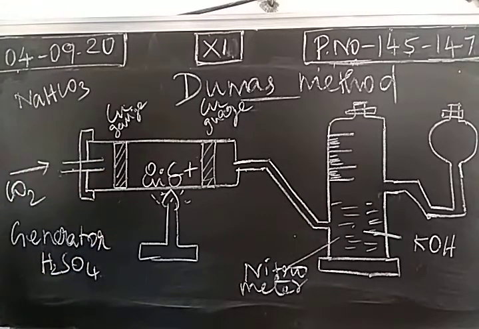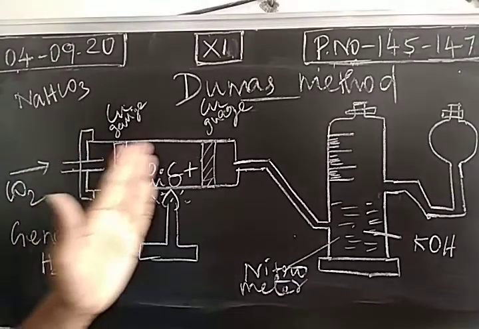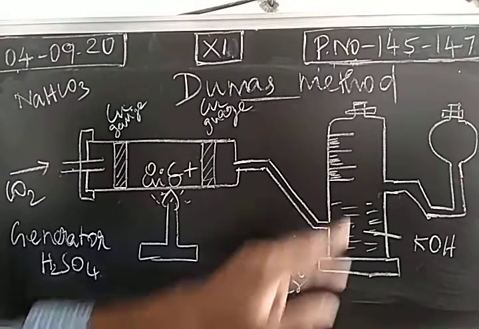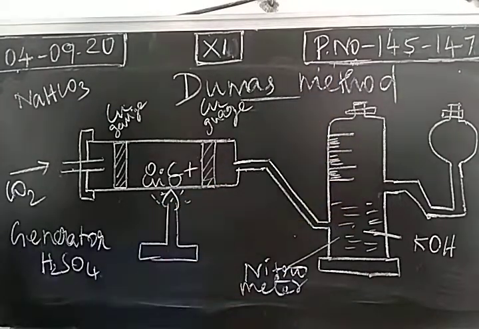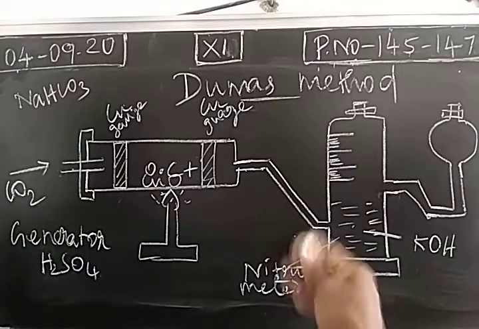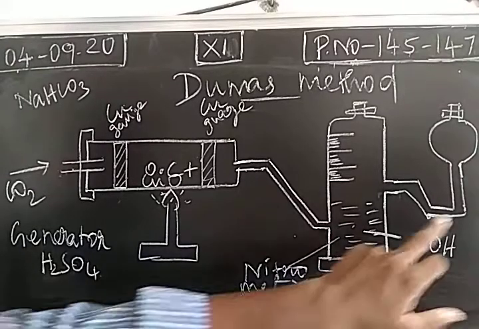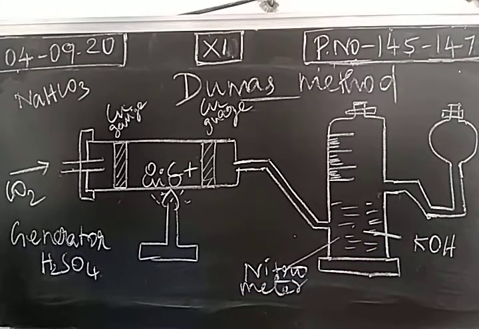Before heating the organic substance, first we have to remove the atmospheric air in the combustion tube. Carbon dioxide is dissolved here and the impurity atmospheric air has completely escaped. So only carbon dioxide is passing from one end to the other end. Some amount of potassium hydroxide combines with the carbon dioxide and forms potassium carbonate, which will be removed.